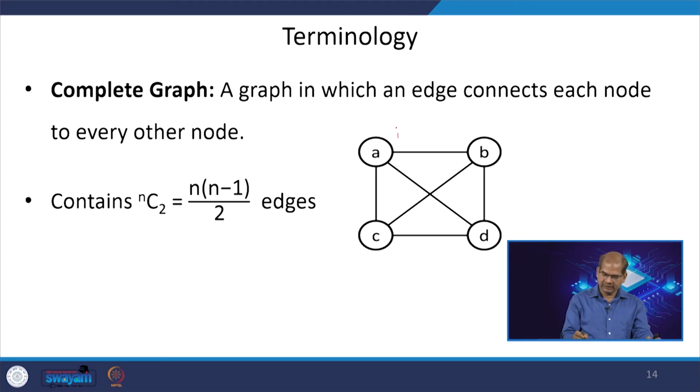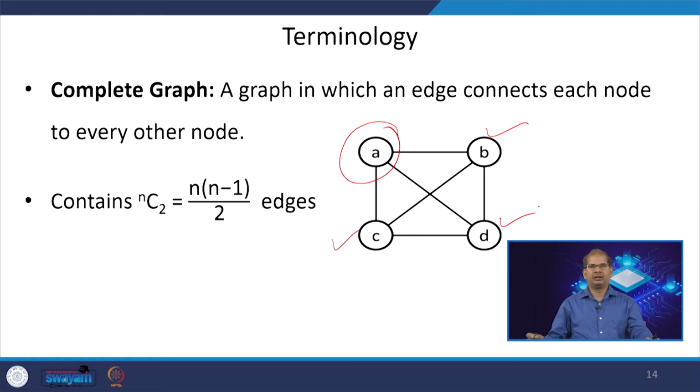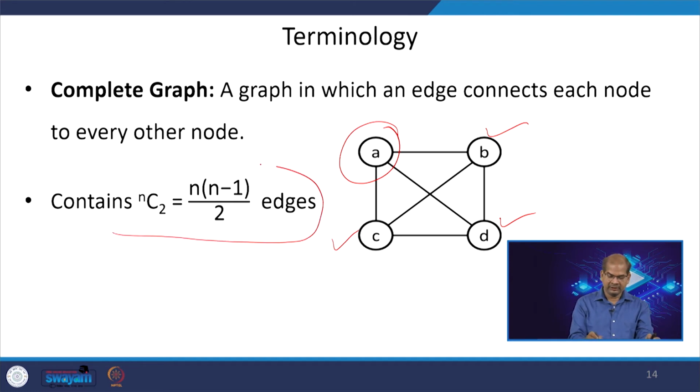Let us say node A, or vertex A, is connected to B, C and D. Similarly for other nodes like B, C and D. The number of edges in a complete graph is NC2, that is n into n minus 1 by 2.